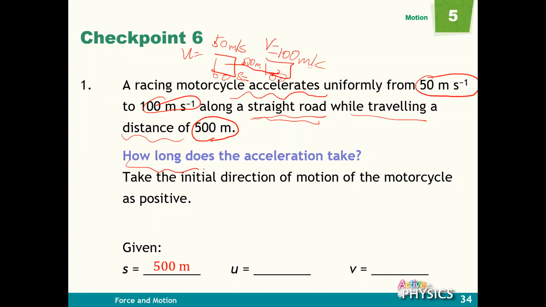How long does the acceleration take? Which means we need to find the time. This case is similar to the examples I gave you. Given that the displacement is 500 meters, the initial velocity is 50 meters per second, and the final velocity is 100 meters per second, we need to find the time. We look at the four equations.